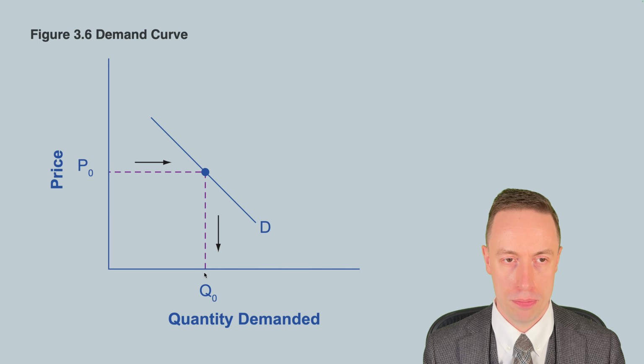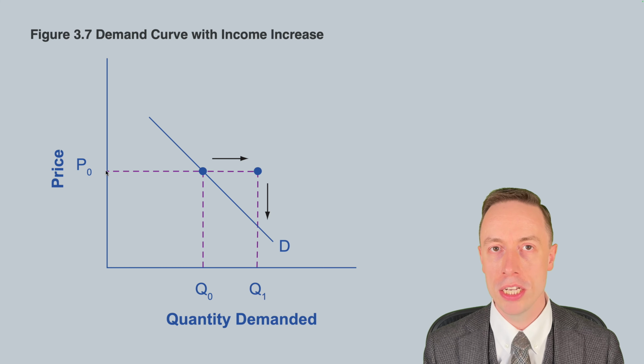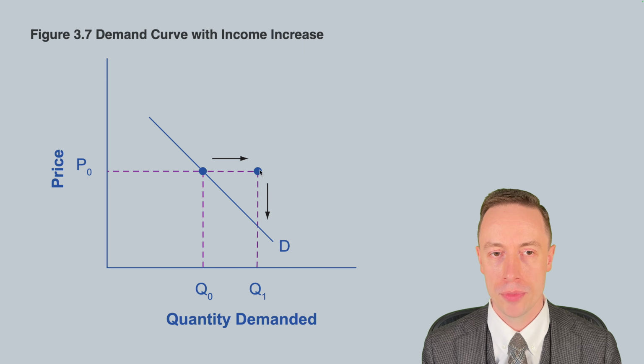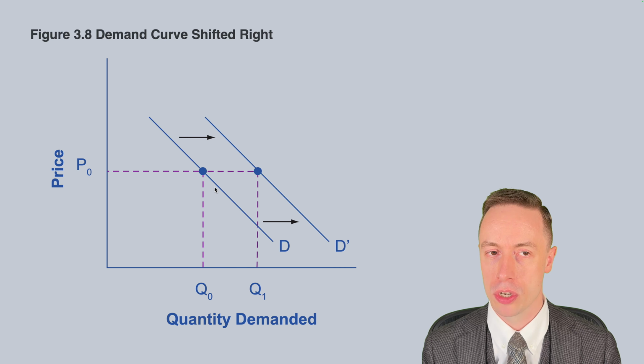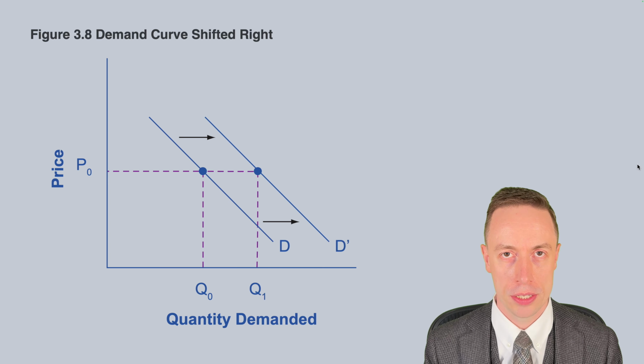If a different price happens, we're staying on the same curve. That's not a change in the demand. A change in the demand requires that at the same price point, we end up with a different quantity number. You can see this point, not on the original curve. And if it happens across the board, here we've got ourselves an increase in the demand for the product.